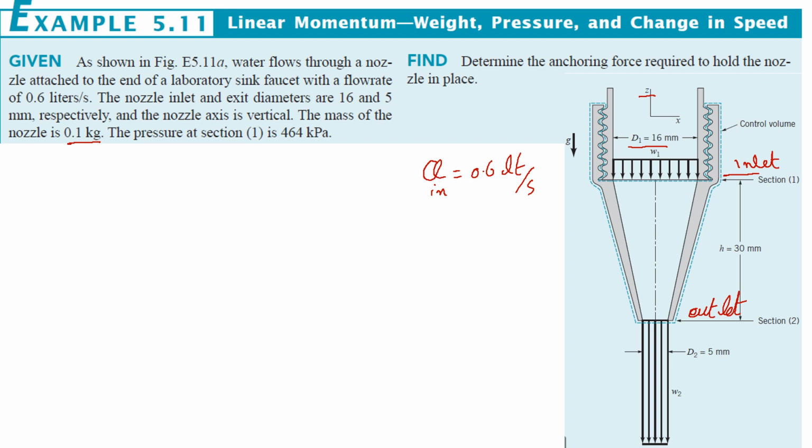So the pressure at section 1 is 464 kilopascals. At section 1 we have pressure. One thing that is important is the forces. We are going to take some forces for this problem, and the first is to determine the anchoring force, the force required to hold the nozzle in place.